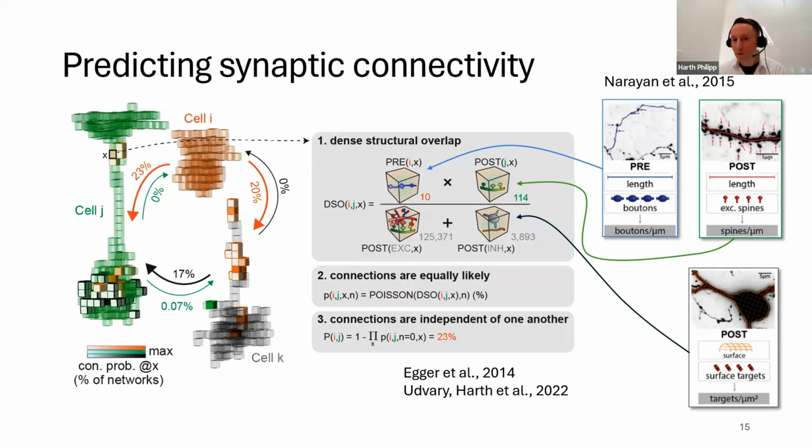In each of these cubes, we then compute for every neuron pair the estimated product of presynaptic sites and postsynaptic sites normalized by the overall number of postsynaptic sites, and using a stochastic model, assuming a Poisson distribution based on this overlap quantity, the structural overlap, we obtain an estimate for the number of synapses.